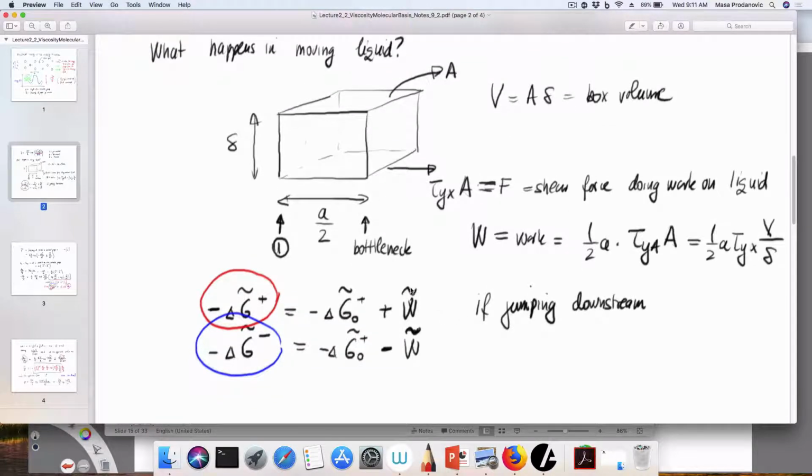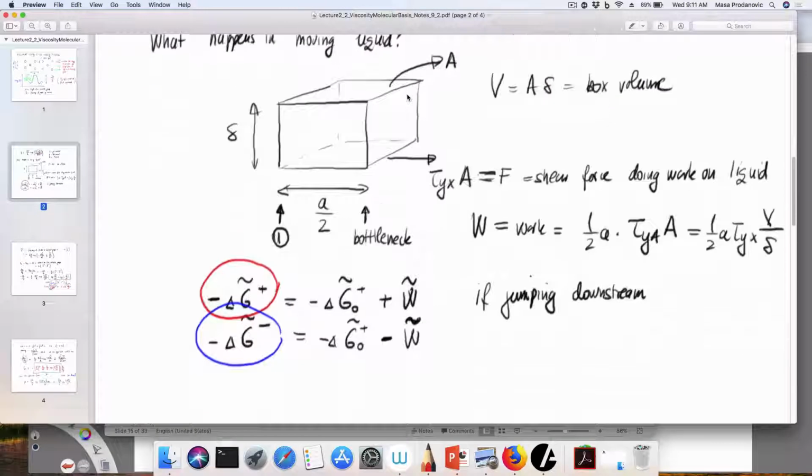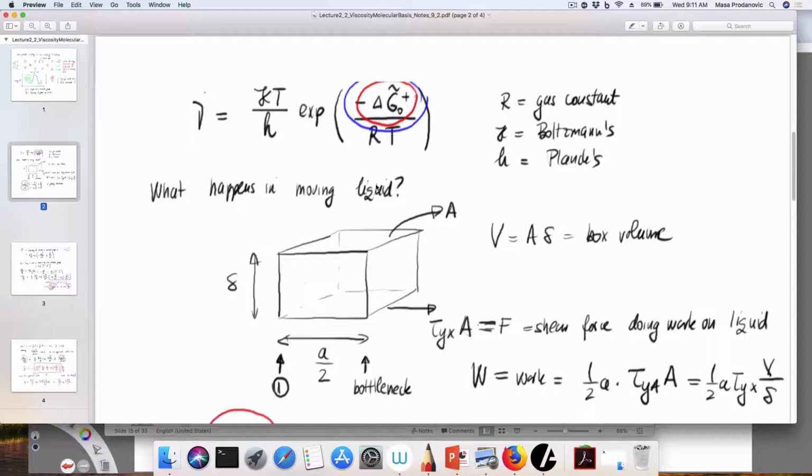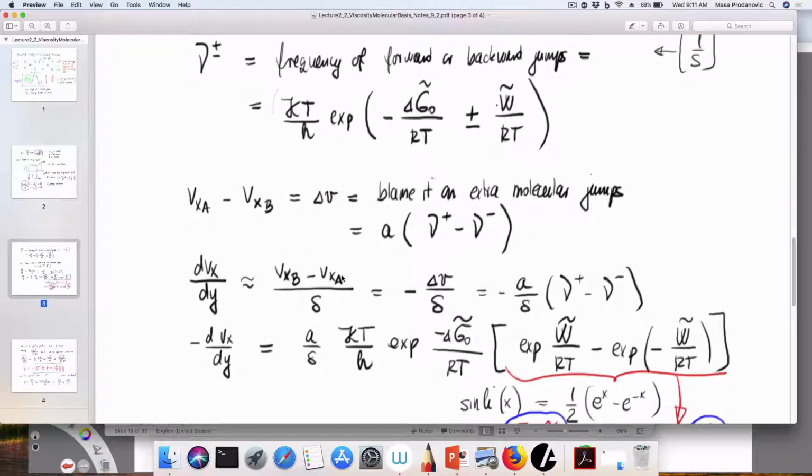When I have an outside force doing work, jumping downstream becomes a little more likely, because this number is a little less negative, and therefore this number will be larger. If I'm jumping upstream, it's less likely because this number is a little bigger in absolute value, which will overall decrease the value.